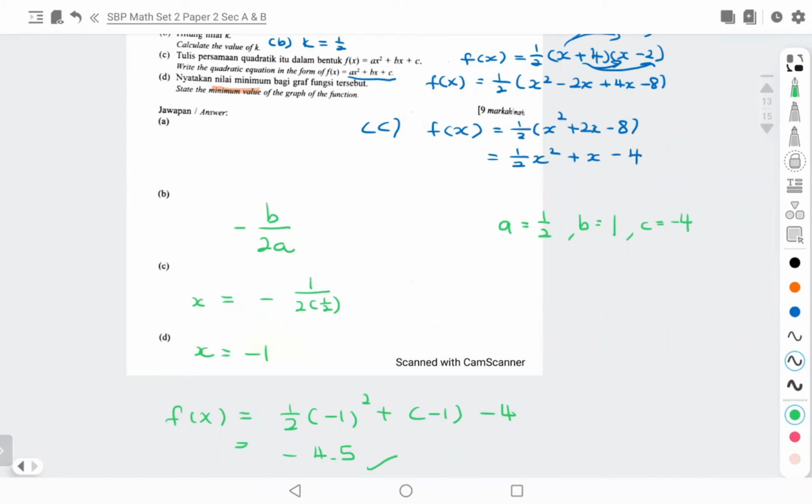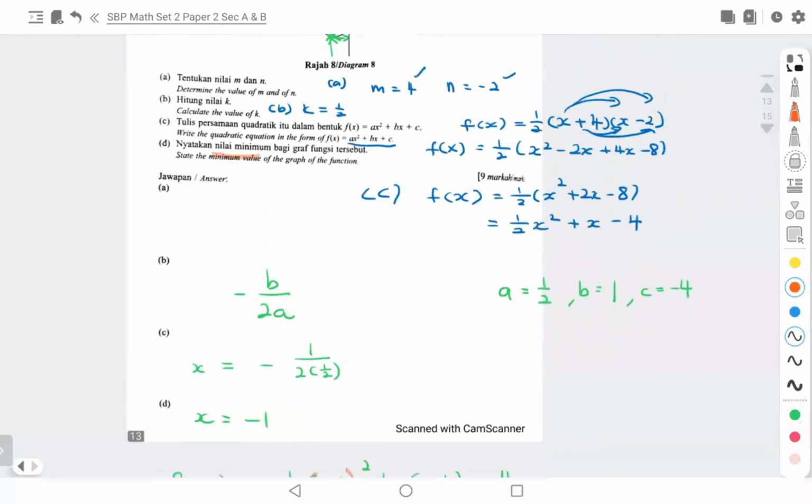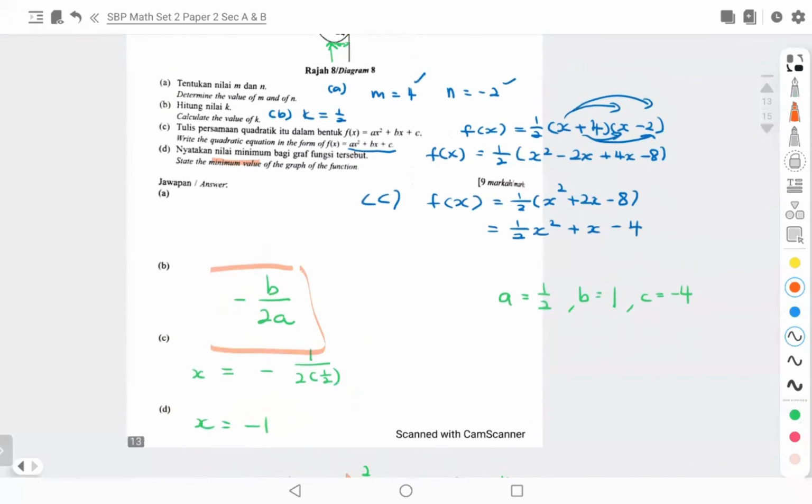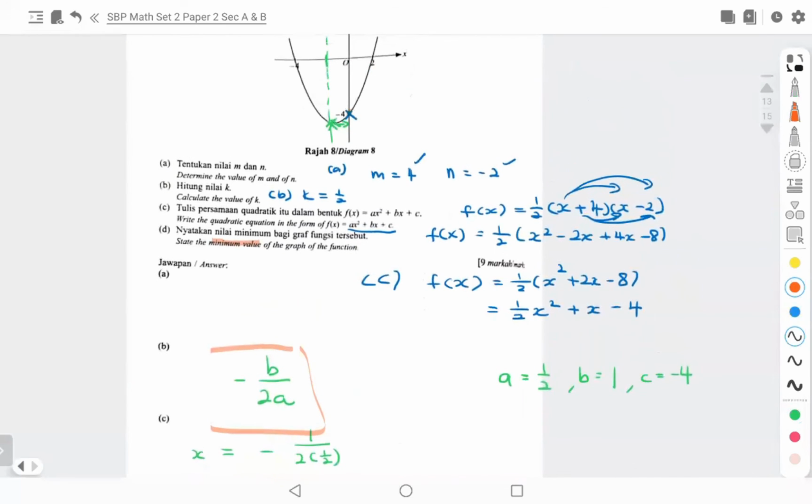Okay, so when you key in, I think this part, bracket, -1 squared, then it becomes positive. Okay, so that's the minimum value. So this formula is actually to find out the symmetry equation.